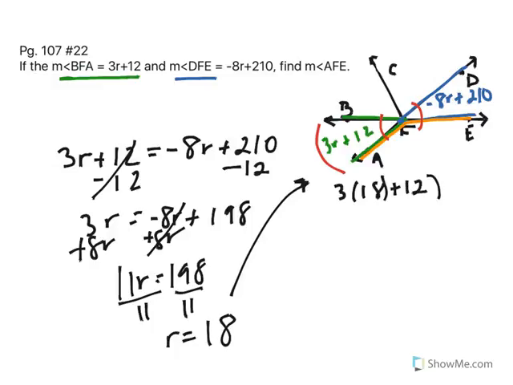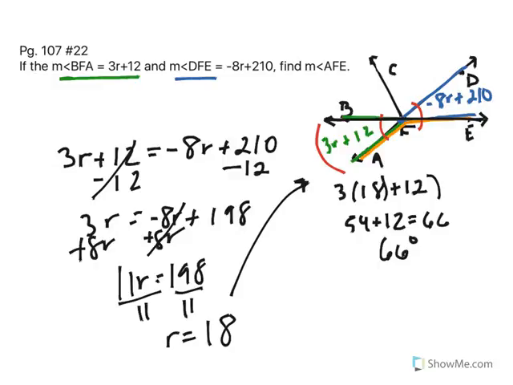Okay, so I plug 18 in for R, and I get 66 degrees. Okay, so AFE and BFA form a linear pair, right? Because they're on a straight line, and it's two angles. That's a linear pair. We know that linear pairs equal 180 degrees.